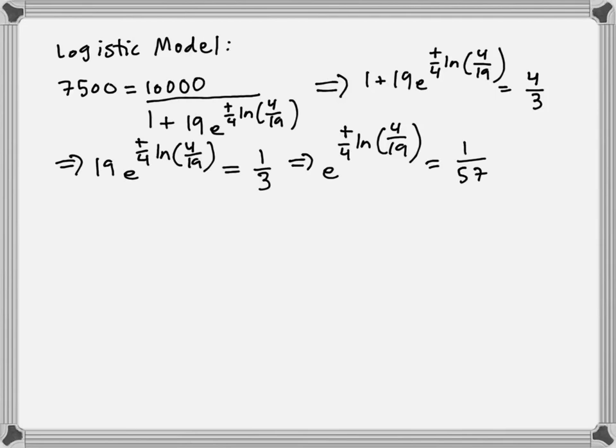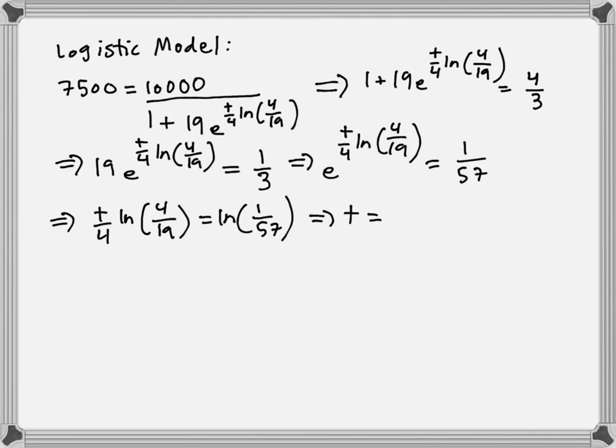Take the natural log of both sides. We end up with t over 4 ln of 4 over 19 is equal to the ln of 1 over 57. Finally, from here, solve for t. You end up with t is equal to 4 natural log of 1 over 57 divided by the natural log of 4 over 19.